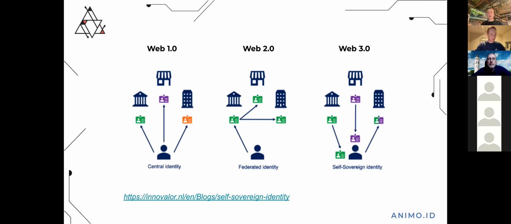So if we go to the Web 3.0 era, and we have self-sovereign identity, websites will connect to your SSI wallet. You won't have 20 different buttons anymore, but only a single button.